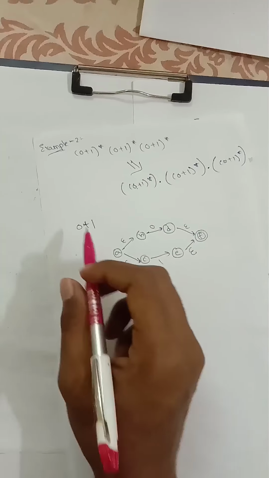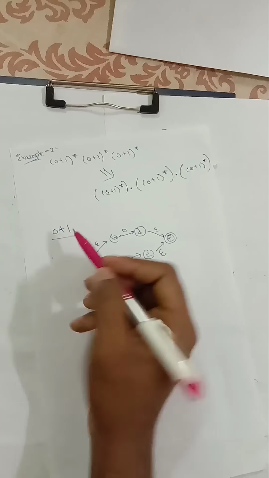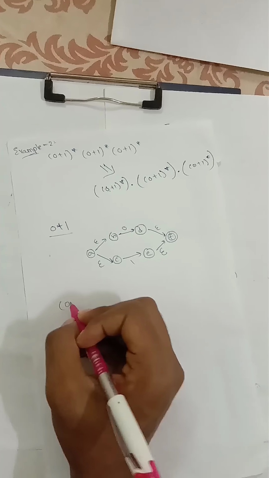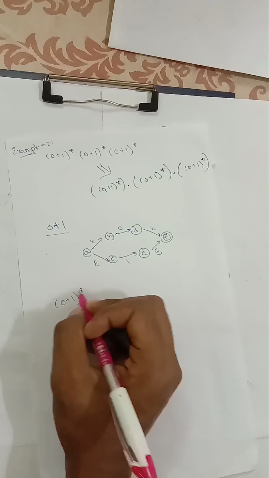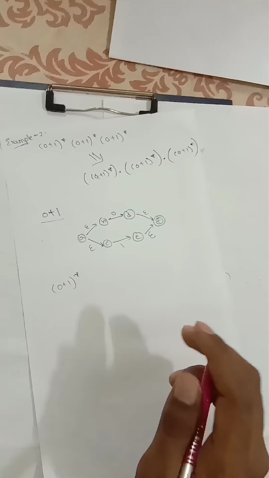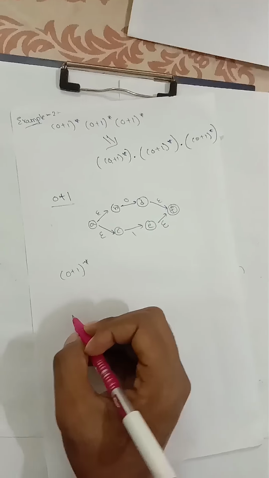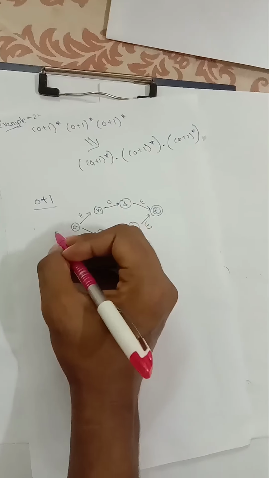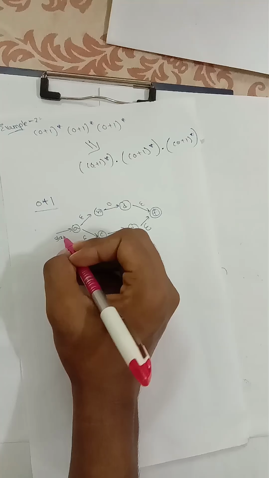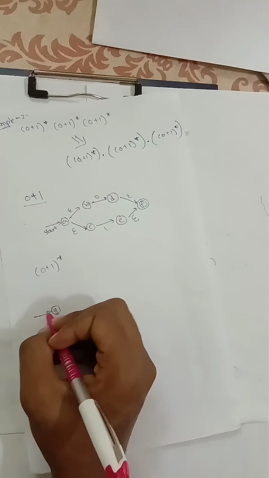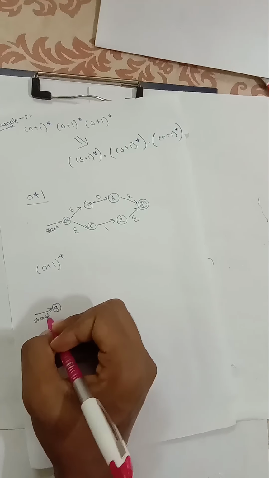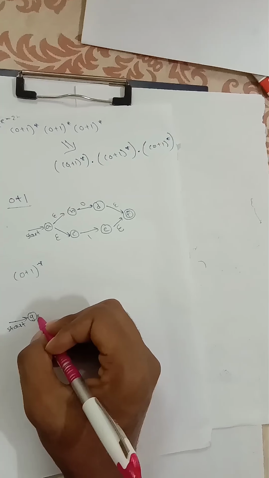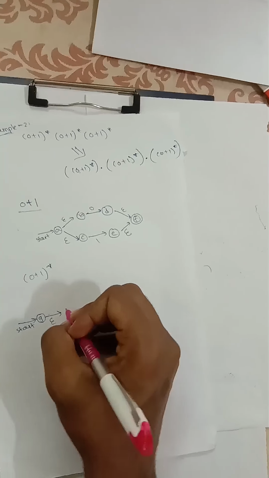Now add 0 plus 1 whole star for this expression. Now take G as a starting state. Sorry, I didn't take a start here. Start with epsilon transition.